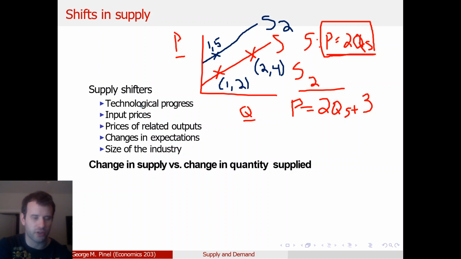If input prices go down, it's now less costly to produce a good. Input prices are like the wage you pay your workers, the price of your capital, the amount of training workers have to go through, the cost of your land, your rent, and your electricity.